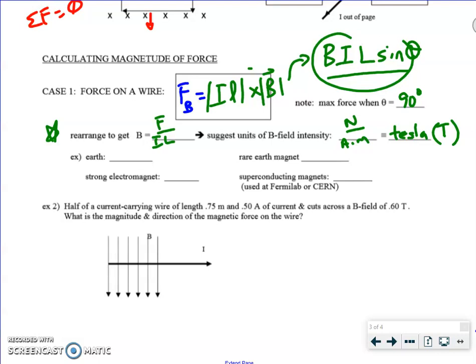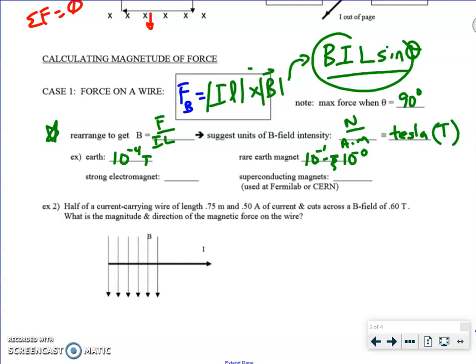Okay, so in terms of B field intensities, how strong are magnets? If you were to look at the Earth's magnetic field, we would find that it's actually fairly weak. The Earth's magnetic field is roughly 10 to the negative 4 Tesla. If you compare that to a pretty strong rare earth magnet, rare earth magnets are on the order of 10 to the negative 1 Tesla, maybe approaching 1 Tesla.